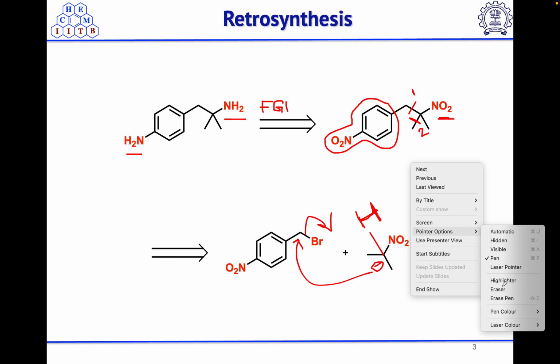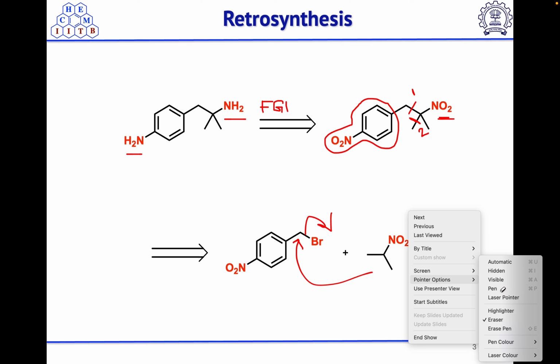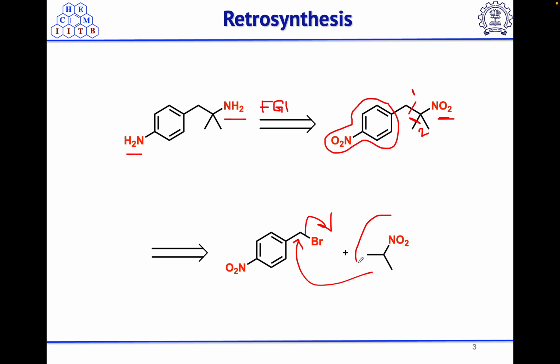So now, if we think about the retrosynthetic disconnection approach for this nitro group, again we can think about this C-C disconnection, and this will give you nitromethane.